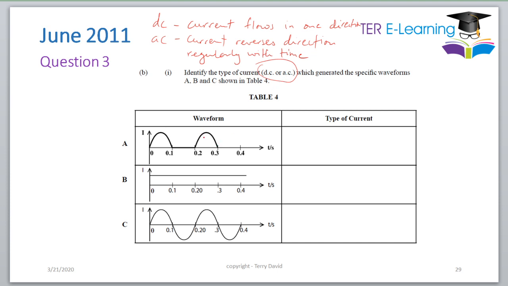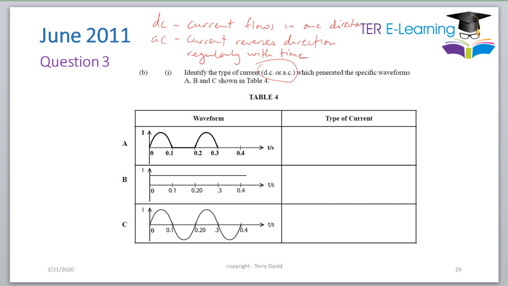So in the case of A, can you all tell me what type of current it is?